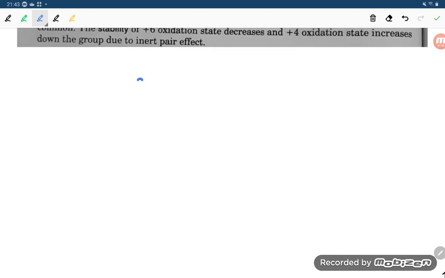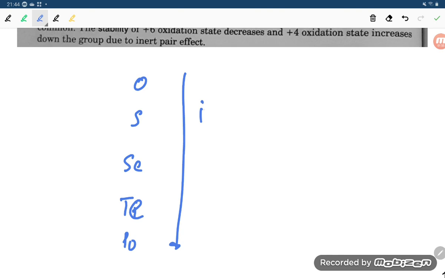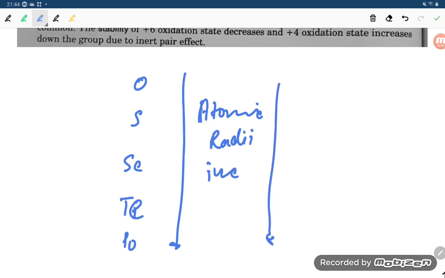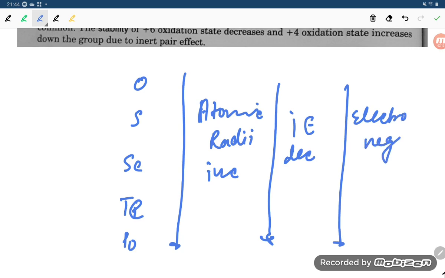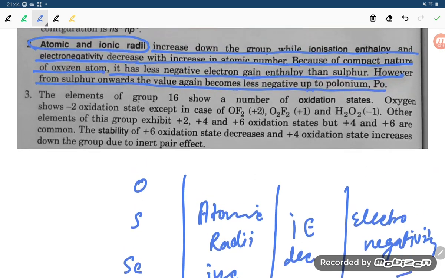So going from oxygen, sulfur, selenium, tellurium to polonium, atomic radii increases, ionization energy decreases, and similarly electronegativity also decreases, because these values are inversely proportional to atomic size, right student?